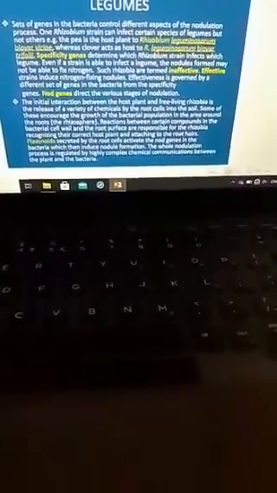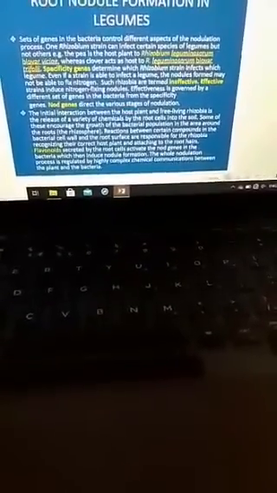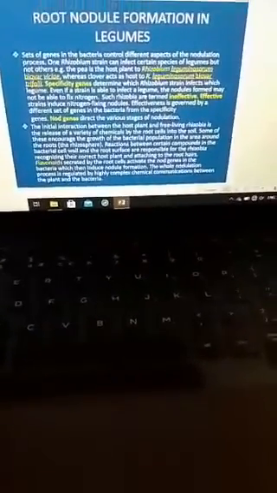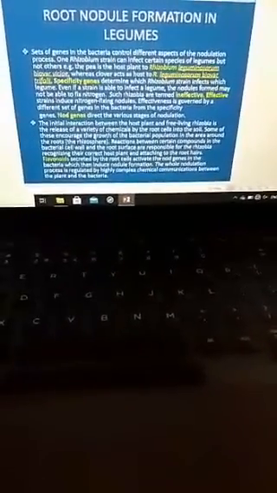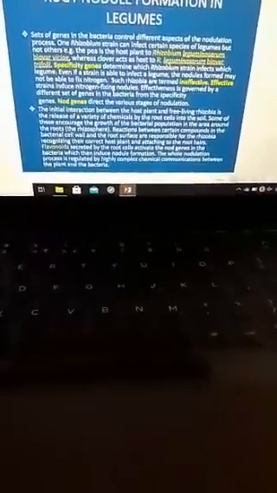So the plant is going to secrete the flavonoids to attract the bacteria, and then the bacteria will move from the soil into the plant in a process that requires some kind of chemical communication between the roots of the plants and the bacteria itself.